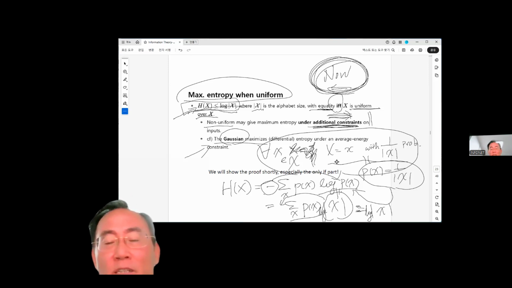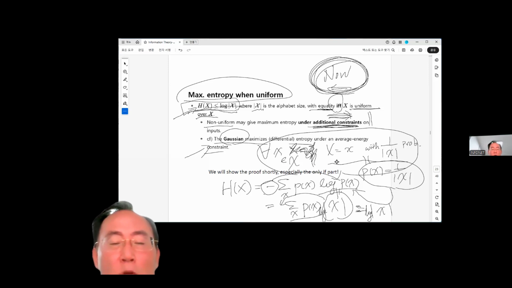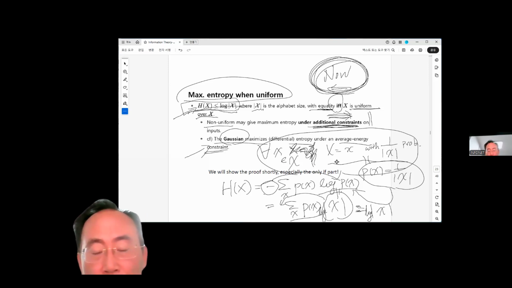It is called a differential entropy because it's a continuous random variable. Gaussian maximizes entropy under average energy constraint. Average energy here means second moment, okay, with zero mean, right?